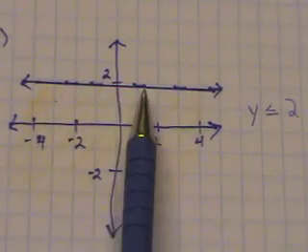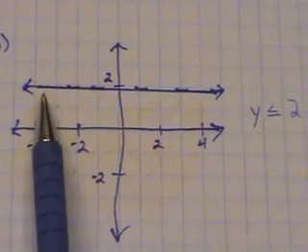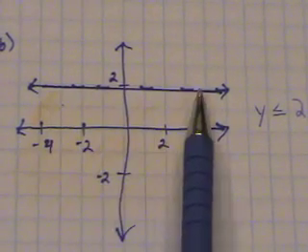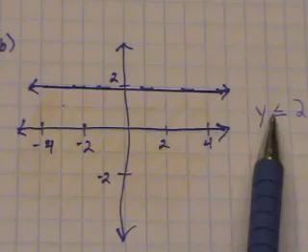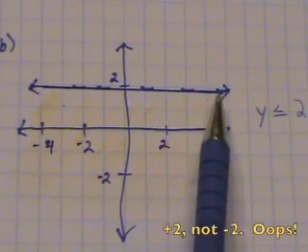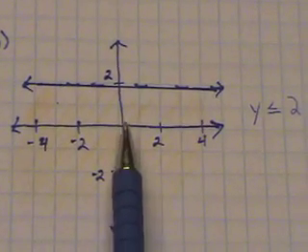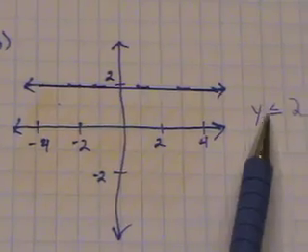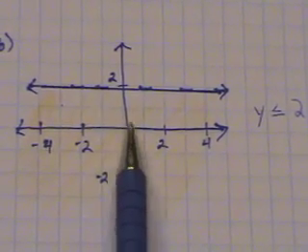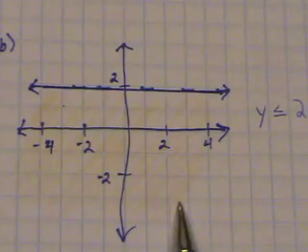You can see, if you look closely, I did a dashed line and then had to redraw. Make sure that that's a solid line right at the location where y is equal to 2. Then use our test point, 0, 0. Is 0 less than or equal to 2? Yes, it is. So that should be in your solution set.